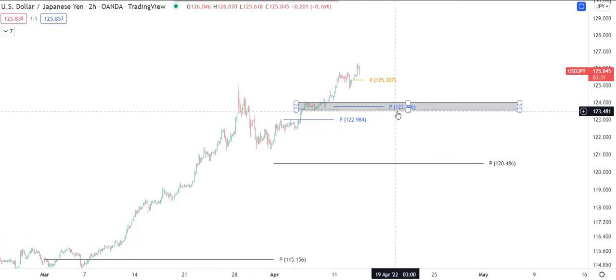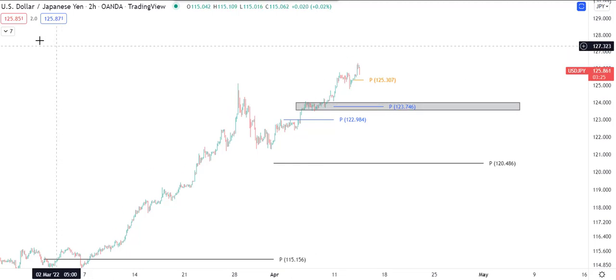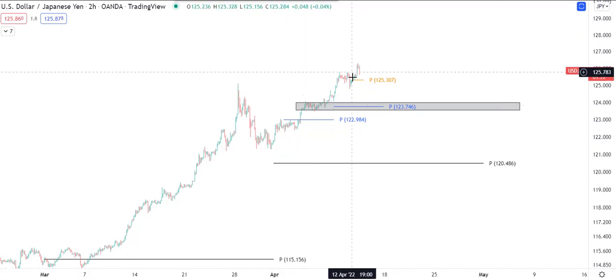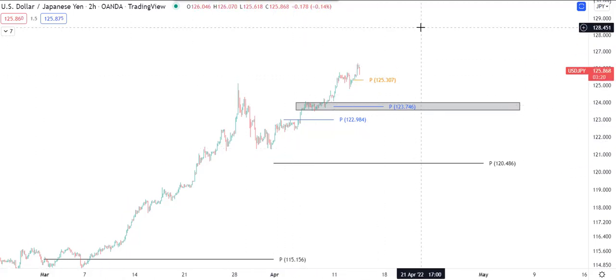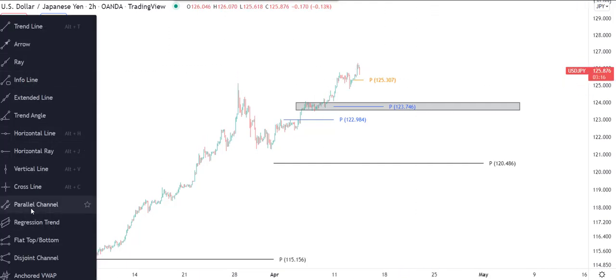Unless we see a clear break below 123.74, there is still no reason to believe that there is a top. This could be just the trend ongoing, pausing a bit, and then going up one more time towards 128.